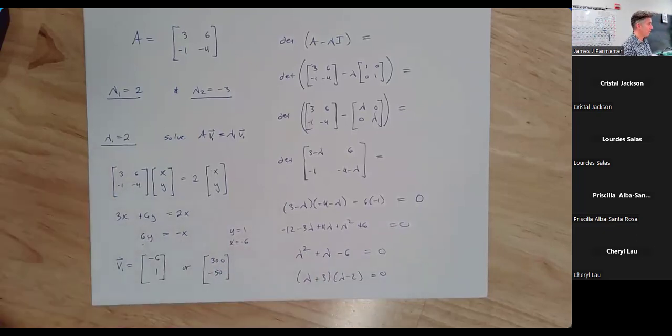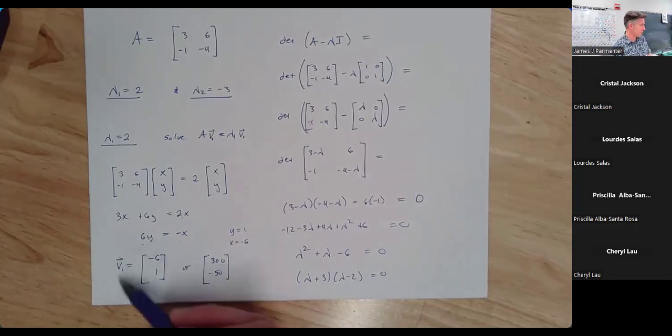That's also an eigenvector for this eigenvalue. The standard or typical choice is the one where the entries x and y are the smallest possible integers. We would prefer not to have fractions, but not to use numbers bigger than we need to. So you would either see this choice or the choice 6, negative 1 as the eigenvector.